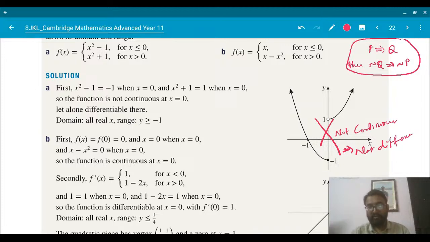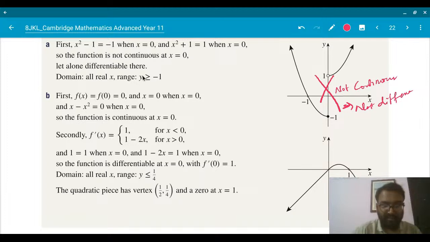Okay, so with the graph we can comment directly, but mathematically, we have to go line by line. So here it is smooth. I think 0 is the issue for this function.